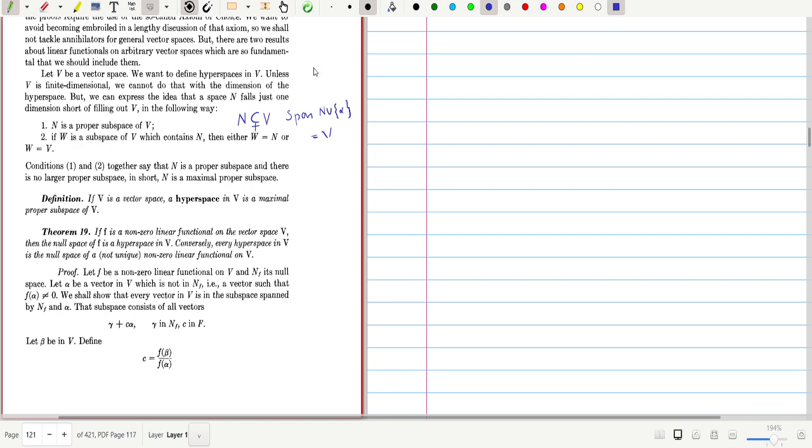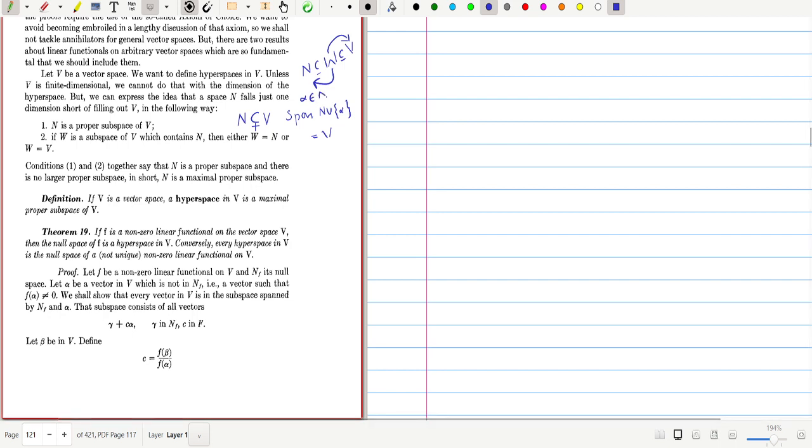This can be written as: suppose there exists a subspace W in between V and N, then this W is the same as N, or this W is the same as V. Or you can say that if you choose any element alpha not in N, that means alpha comes from outside of N, then consider the span of N union alpha.